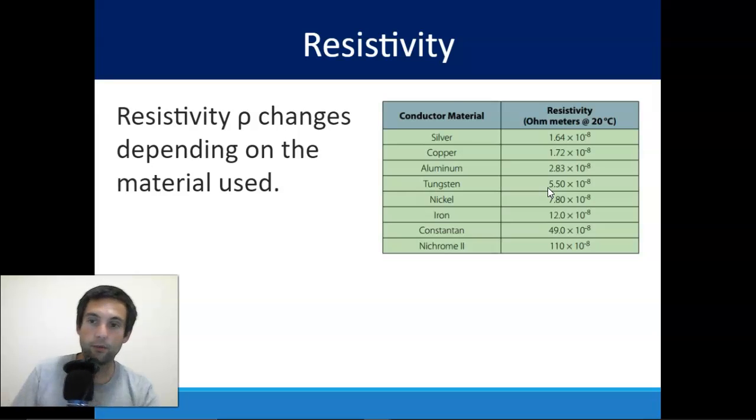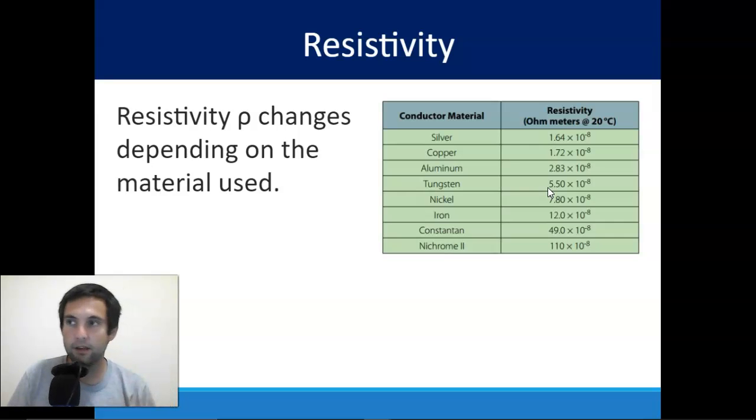Tungsten is actually what's used in the filament for an older light bulb. The current comes in and goes through the tungsten, but because there's such great resistance within that tungsten coil, it loses a lot of energy to thermal energy, so much that it begins to glow. Light bulb.